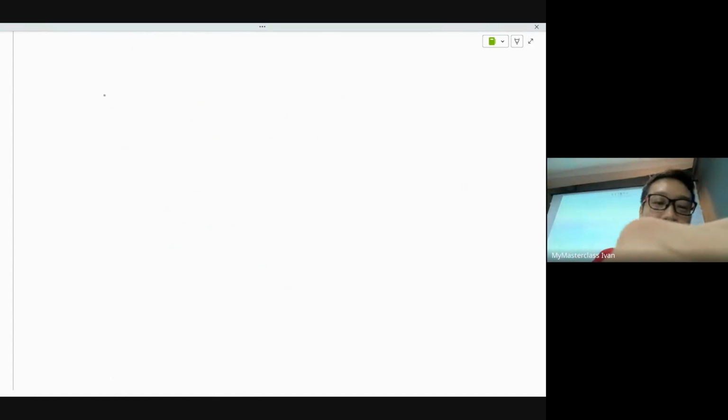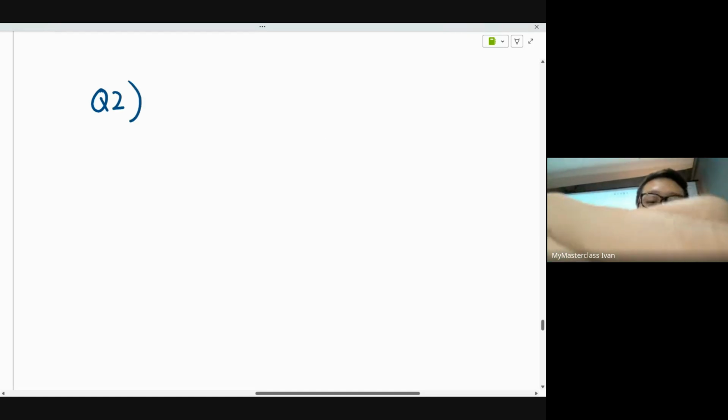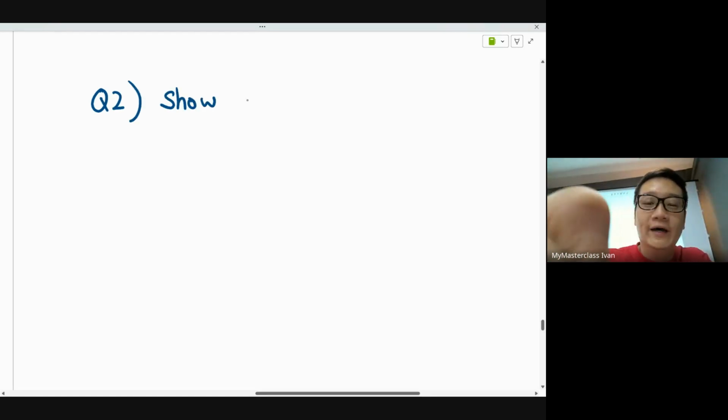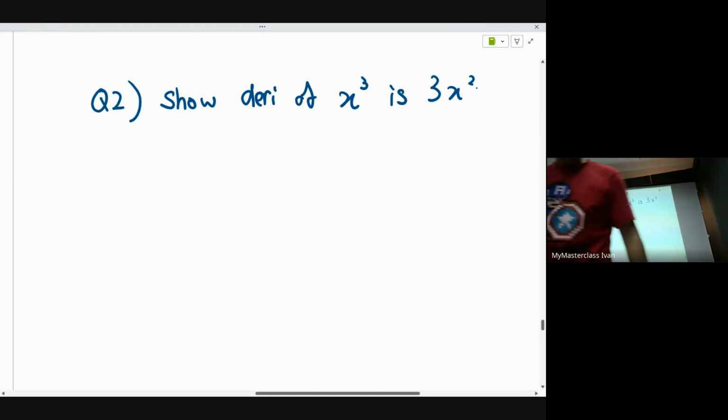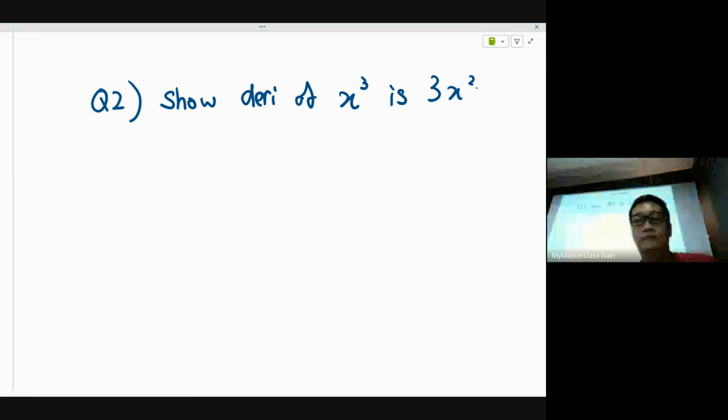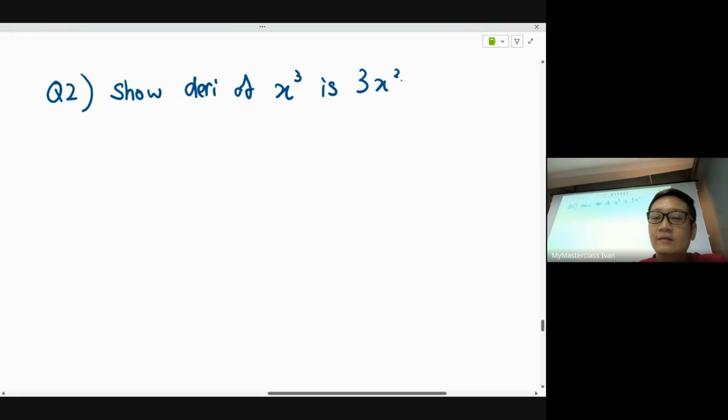So the question 2 of your tutorial, they say that show that the derivative of x cubed is 3x squared. Okay, now, so look here. This part about first principle is to see whether you understand what is the meaning of dy dx.